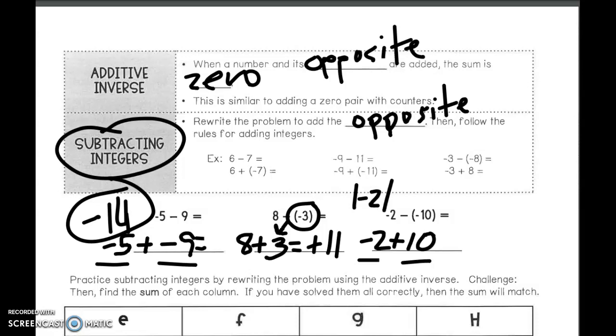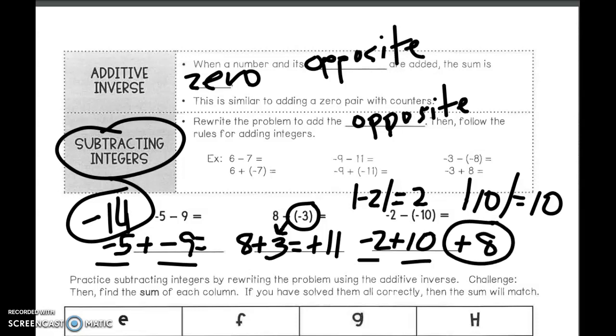So the absolute value of negative 2 is 2. The absolute value of 10 is 10. Which one has a greater absolute value? That would be 10. And 10 is positive, so this answer is going to be positive. And then remember, all we do now is subtract the two numbers. 10 minus 2 is 8, so the answer to this is positive 8.